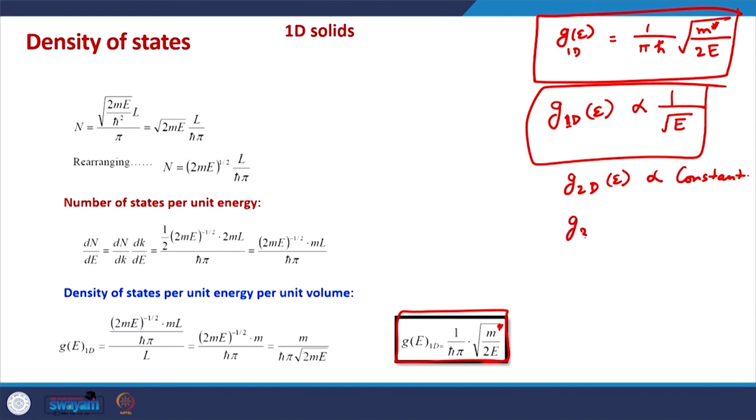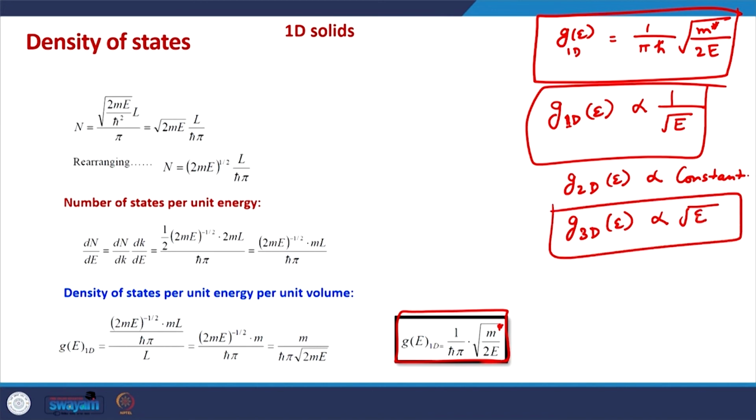In 3D case, it was directly proportional to the square root of E. So, as you are seeing, as we change the dimension, the number of states that the electrons can occupy in the material, their behavior changes fundamentally.